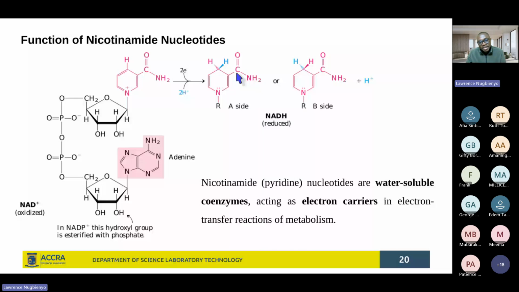So we see these NAD involved in electron transfer reactions. They are coenzymes to oxidoreductases. So you see them in oxidation reduction reactions. And you can see here, as it receives the hydride ions, it gets reduced. So you now see NADH.